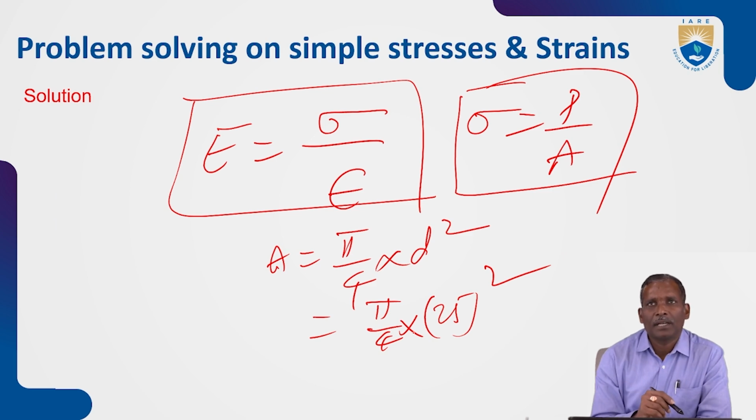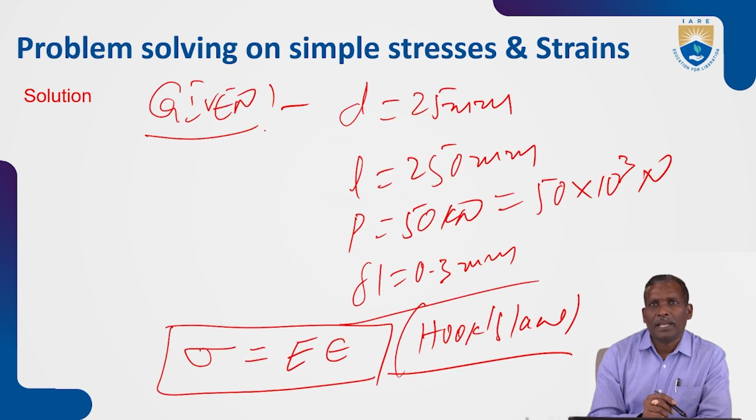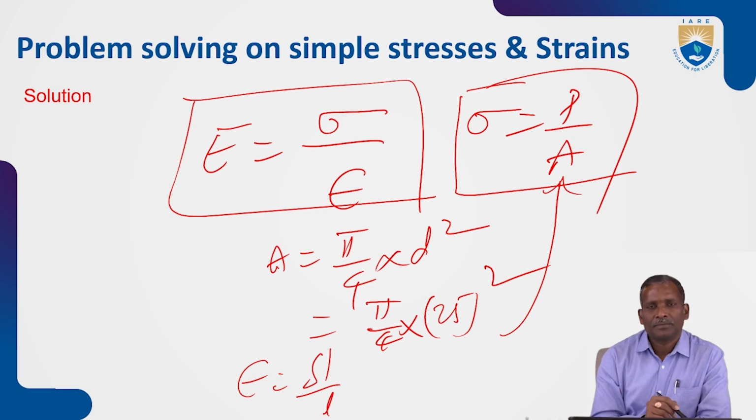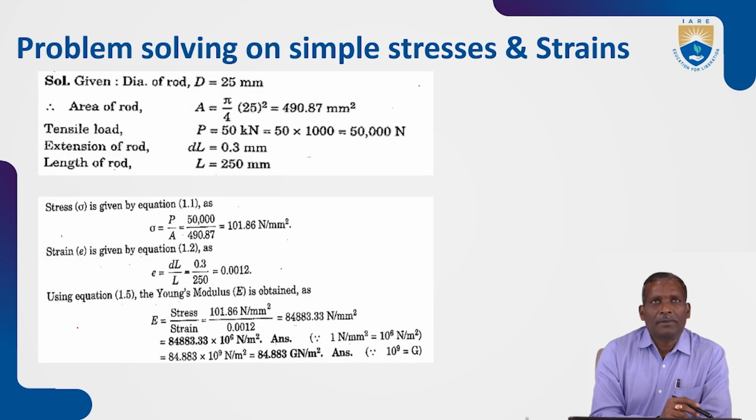You will get the area, and then substitute in sigma to get the stress. Strain is equal to delta L by L. Delta L is already given and L is also given, so change in length by original length. So I will get the strain, and then substitute these two values in this equation, you will get E.